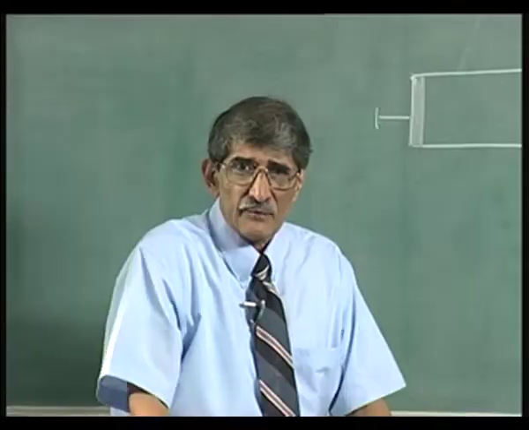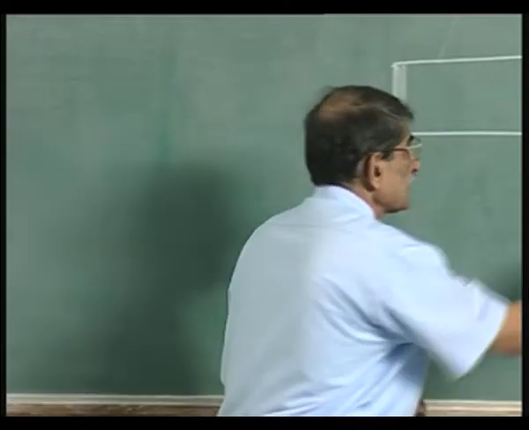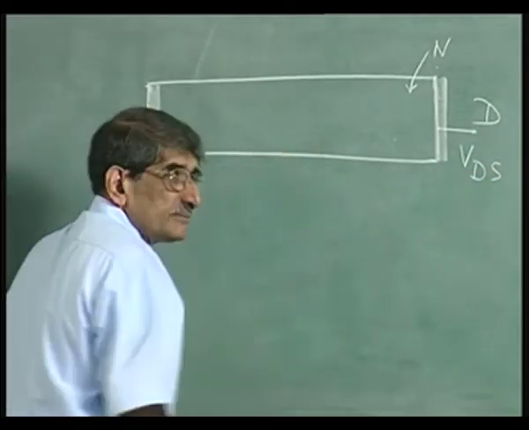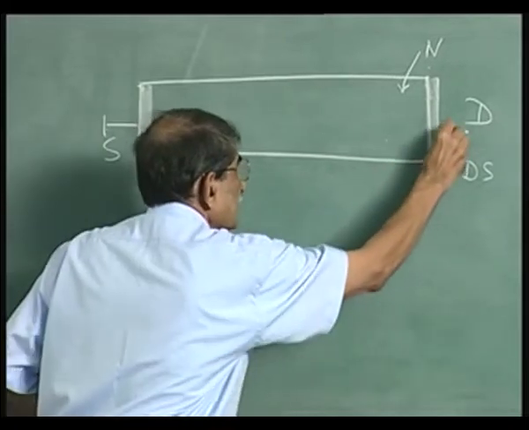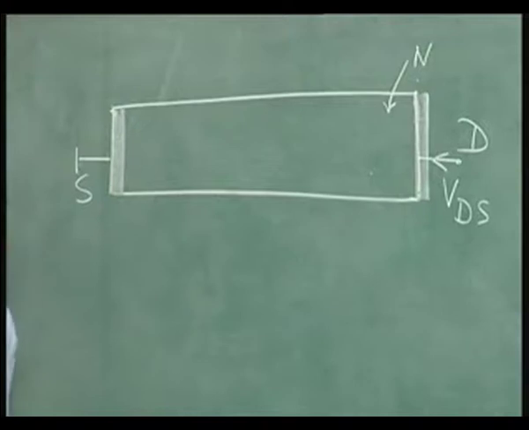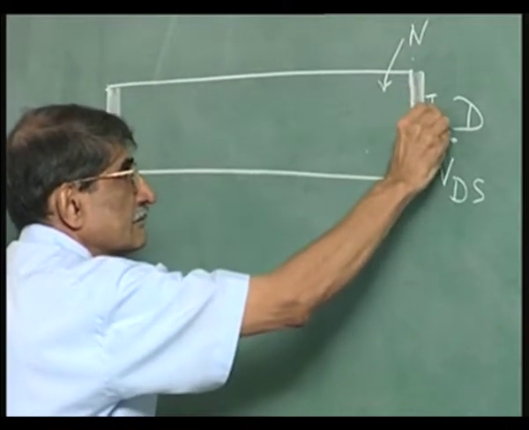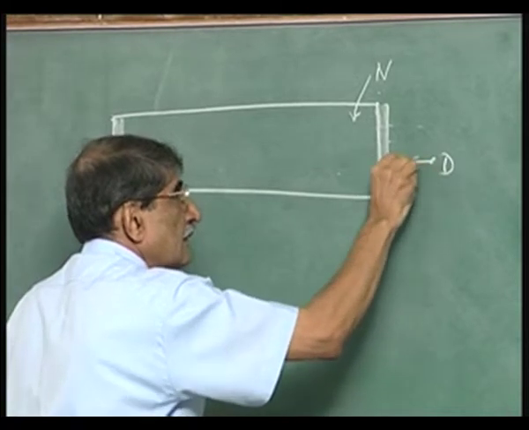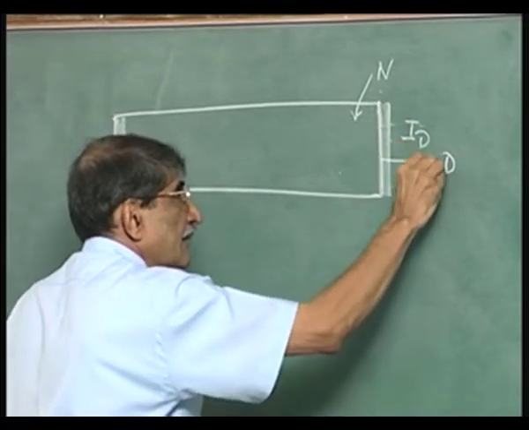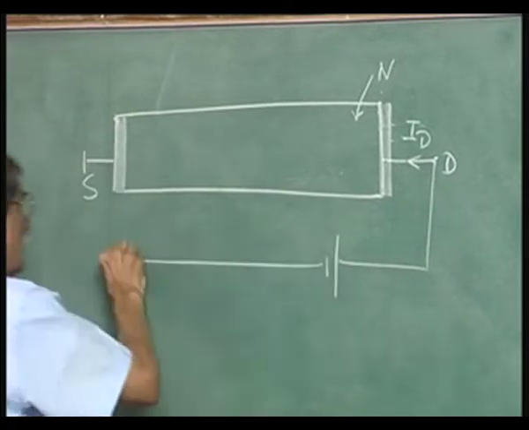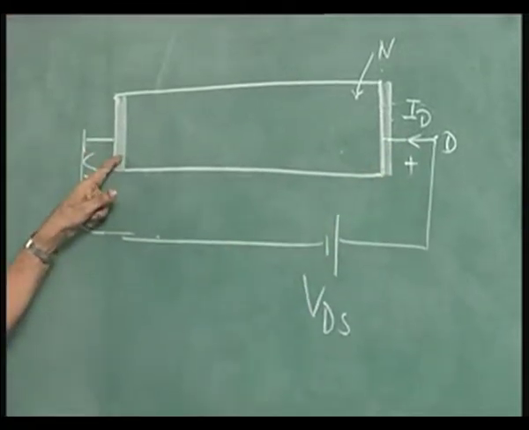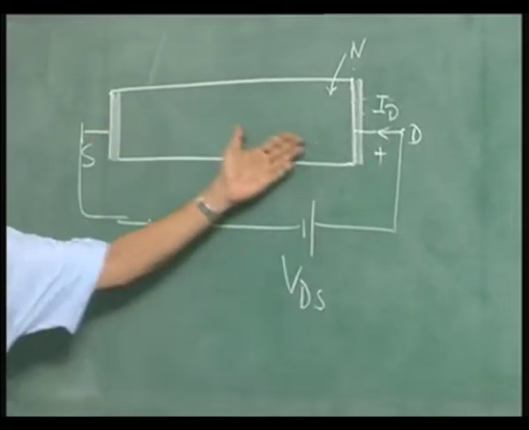Now, if the voltages are low, when I apply VDS, this is n type, there will be current flow like this. I can call it as ID. There will be current flow from that side, ID, and I am applying VDS, plus there, minus there. This is like a bar of semiconductor.